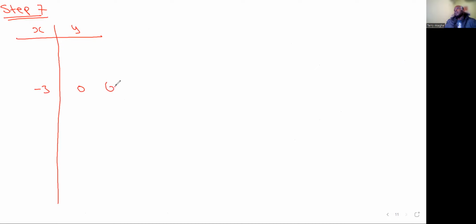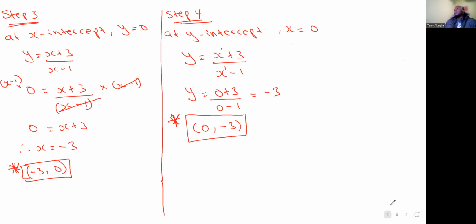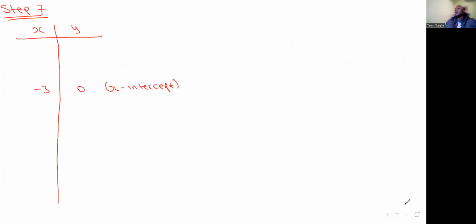So this is our x-intercept. Then we're going to put the y-intercept. The y-intercept, y is -3, x is 0. So this is the y-intercept.